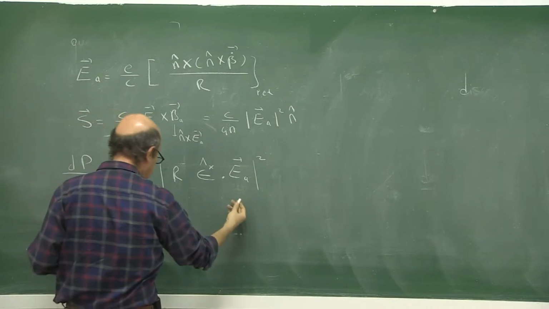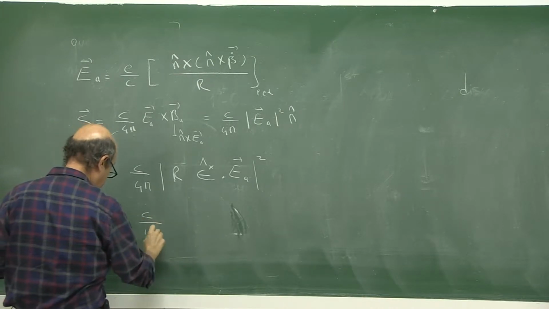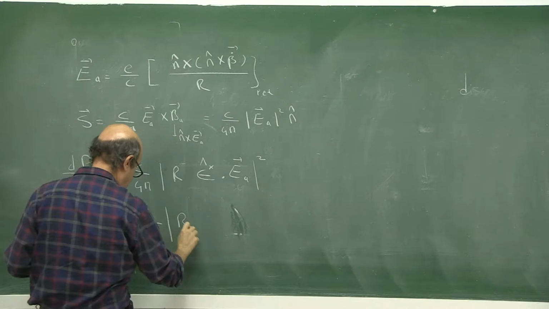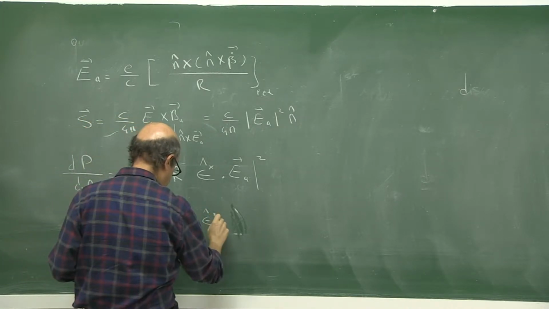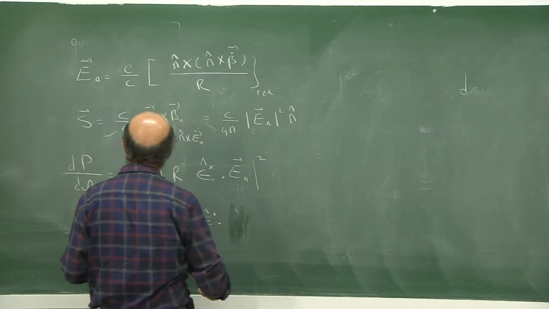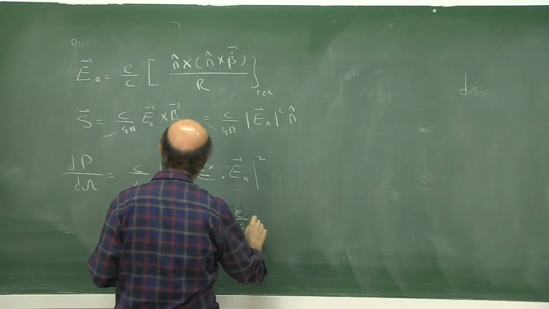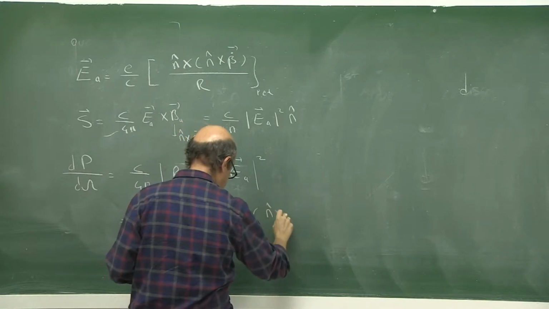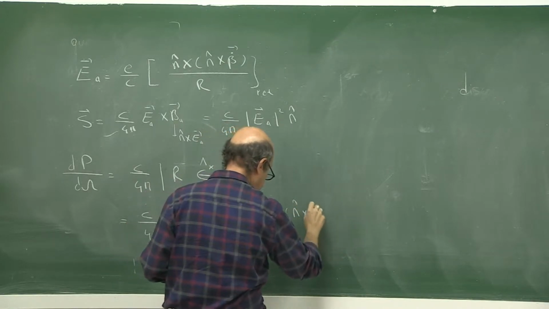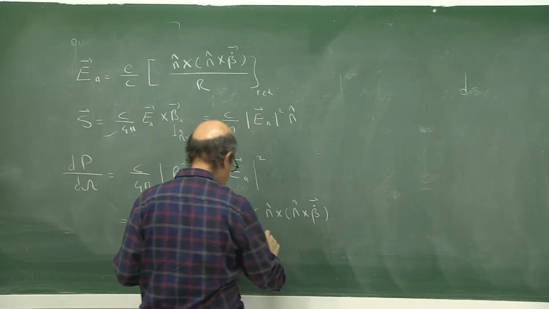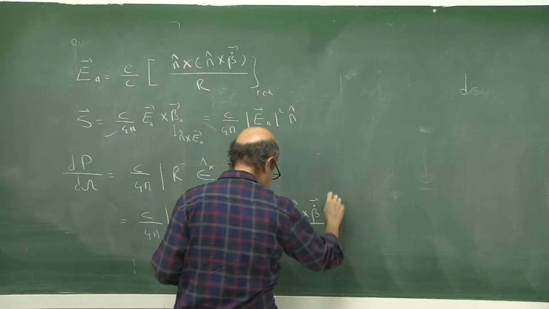And if you take the electric field and plug in there, then you will obtain a formula: c over 4 pi r, epsilon complex conjugate dot the electric field over there, that is e over c, n cross beta dot, that is v dot over c, over R, and take the absolute square.